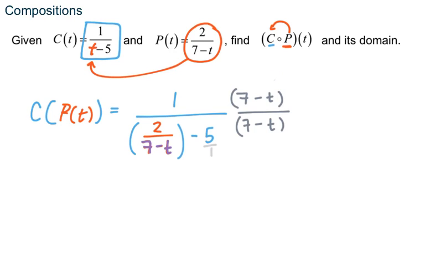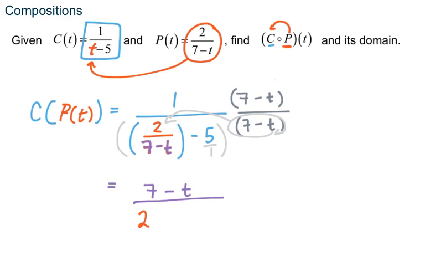So what that ends up giving me is I end up with, in the numerator, 7 minus T. In the denominator, well, we have some distribution. 7 minus T, when I take that and I multiply it by this first fraction, that's going to cancel out the denominator and I'm left with 2.